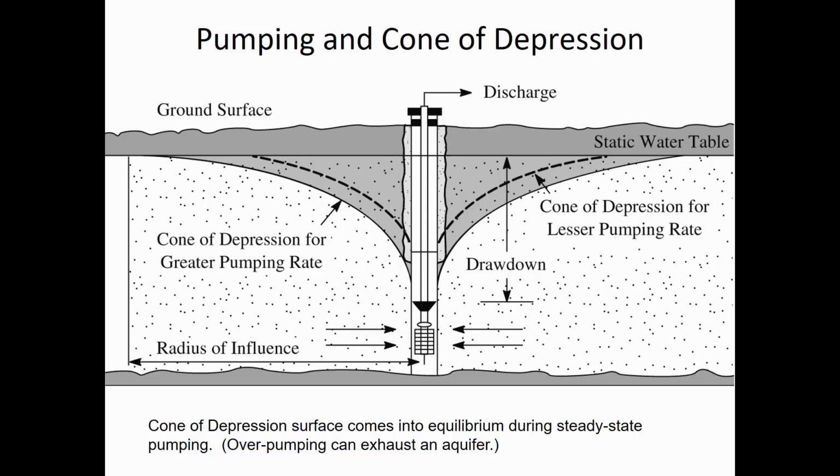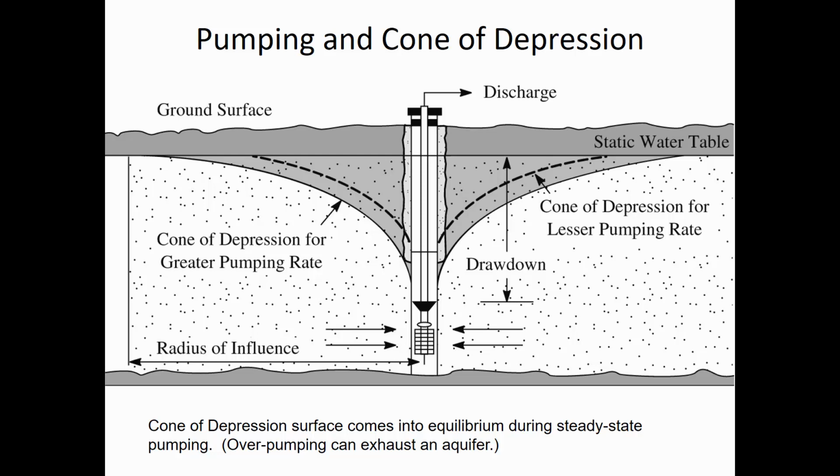This cone of depression just gives you an idea of where the water surface is, and the higher the discharge, the steeper that cone of depression. So if it was only 2 liters per second, then maybe as far as this, in order to have steady state of 2 liters per second moving towards that well.